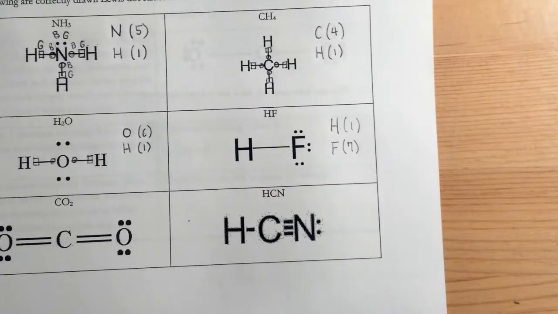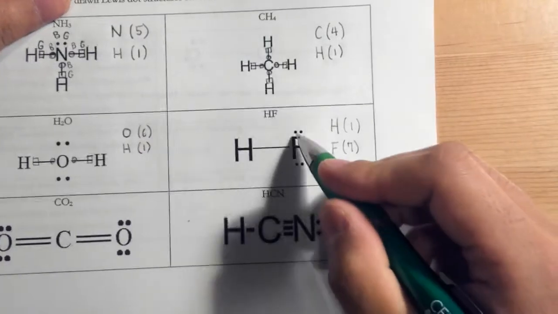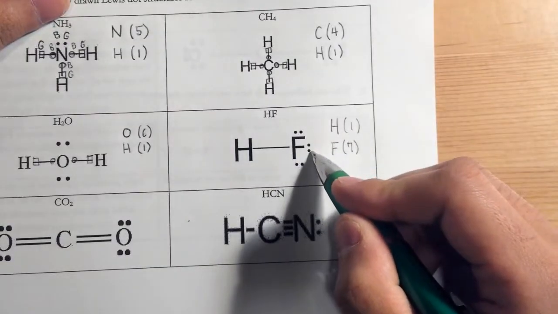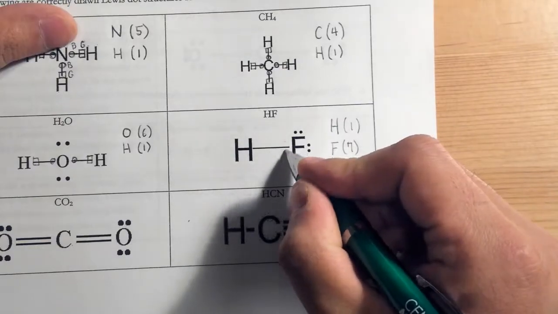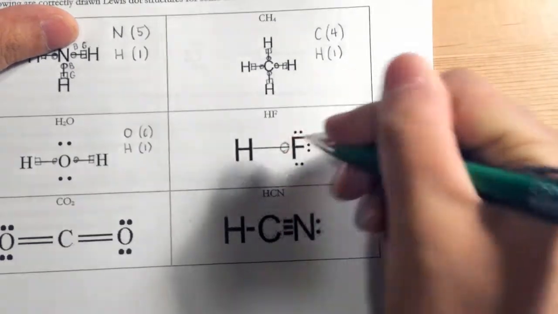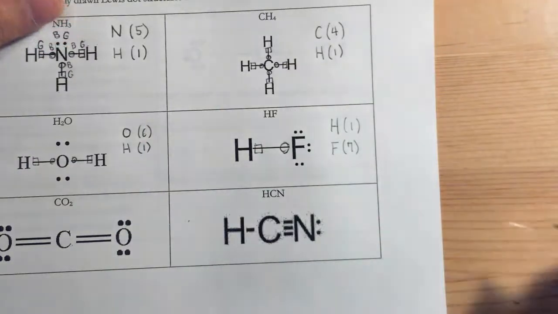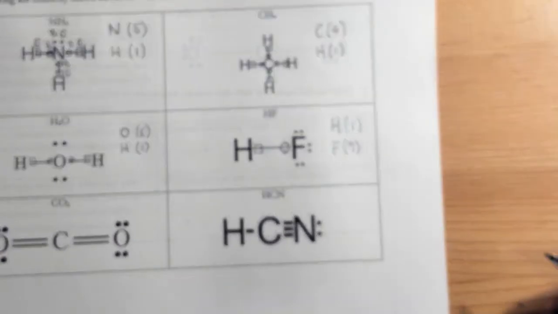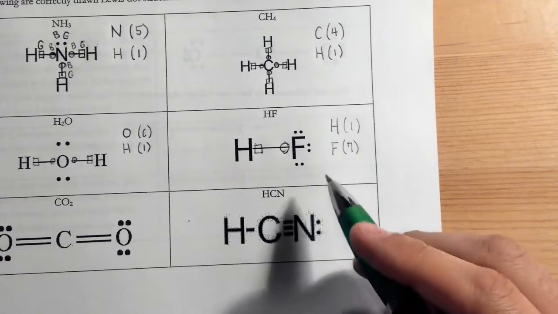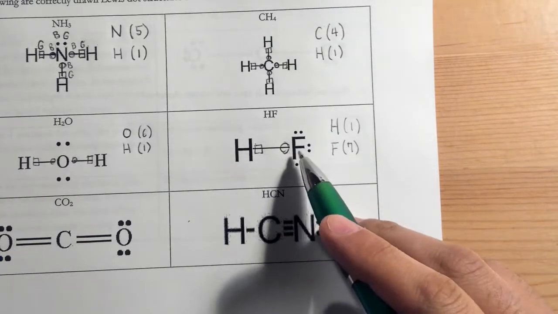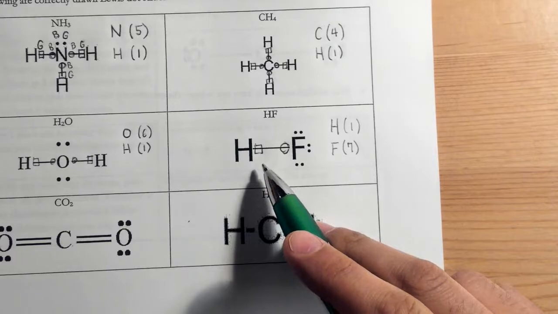So since there are 7 valence electrons, we're going to count. So 1, 2, 3, 4, 5, 6, and 7. So I'm going to put a circle here for fluorine, and then a square for hydrogen. Alright? So that's how they created a single bond, or 1 bond, between the fluorine and the hydrogen.